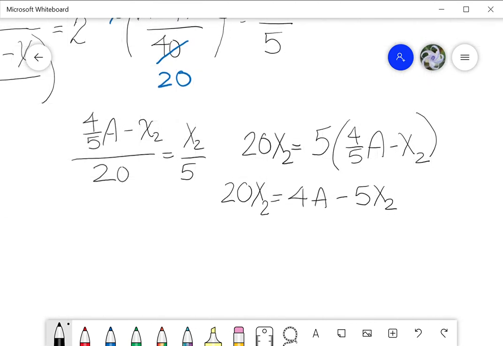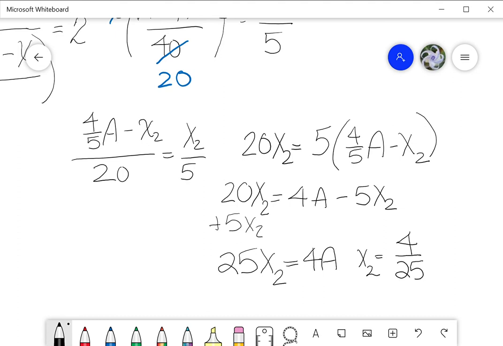So take our 5x2 to the other side, and I will get 25x2 equals 4A. And we can simplify that again. And we will get x, or sorry, x2, I should specify. So x2 equals 4/25 A. And that's approximately 16%.